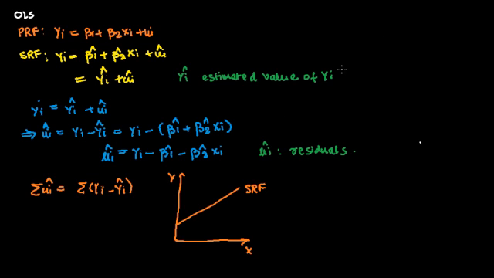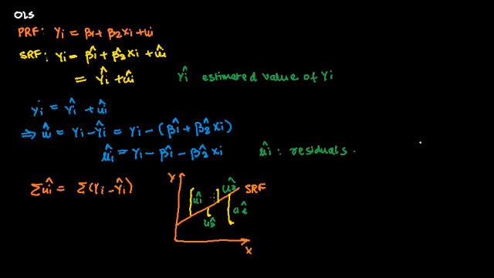And these are your different residuals, that is, your U1 hat, U2 hat, U3 hat, U4 hat, and so on and so forth.